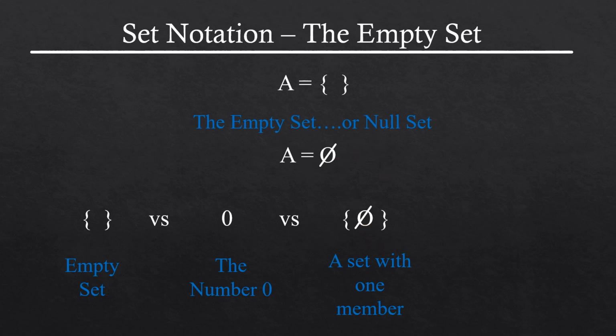This set is not empty. It actually has a member, and the member is the empty set, which I know is absolutely wild. I think you actually have a homework question that asks you the difference between these 3 things.